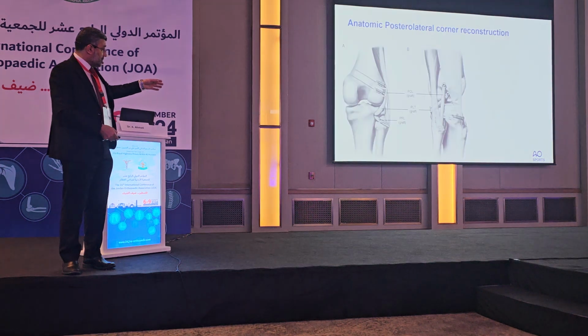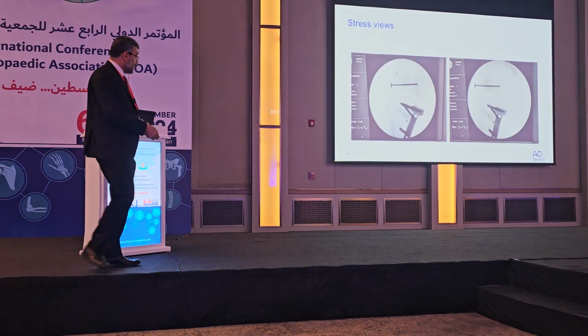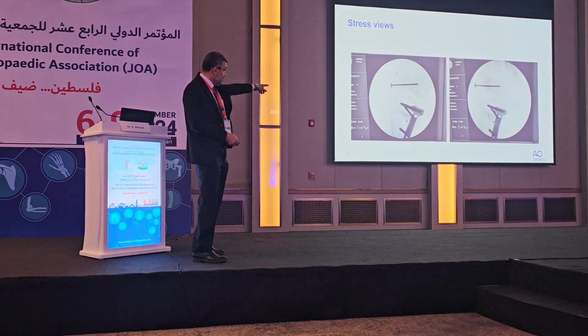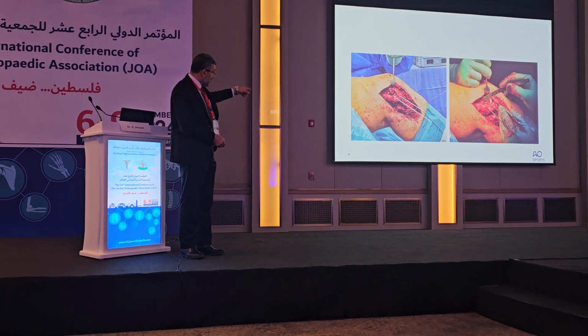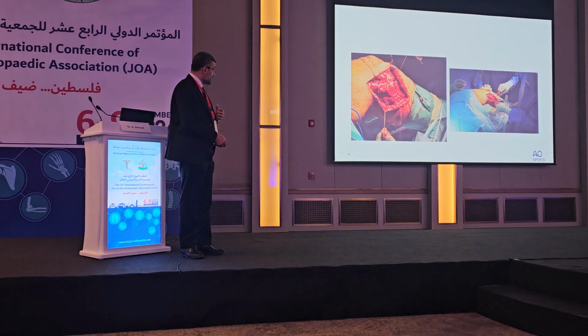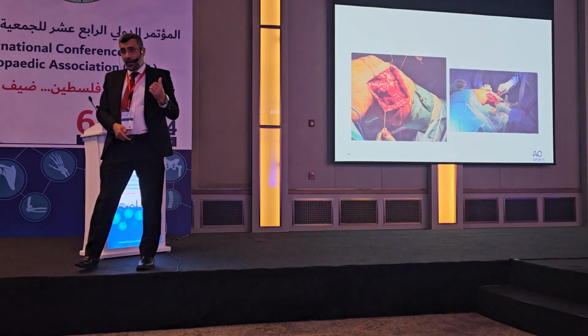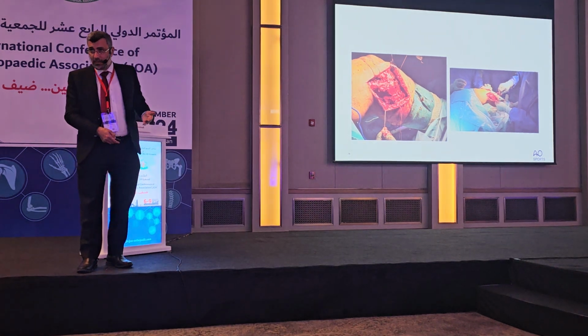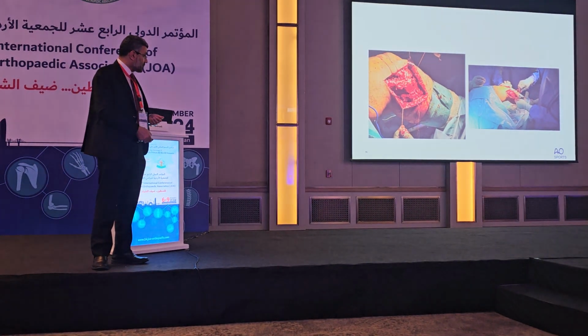I took her to the theater and did the lateral anatomic technique. Here, look at the stress view, the medial side is okay, the lateral is open, with the double bundle anatomic. And this is what I have learned: in cases of this degree of instability, when we have other ligament injuries, I think this is the best technique you can do for your patient.